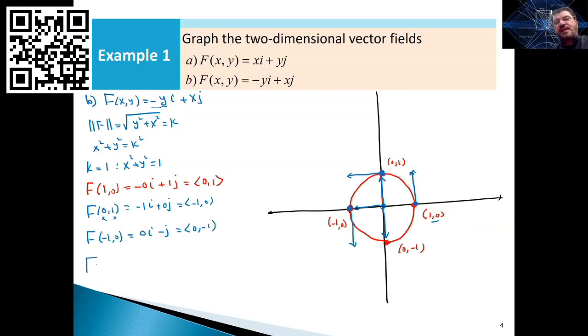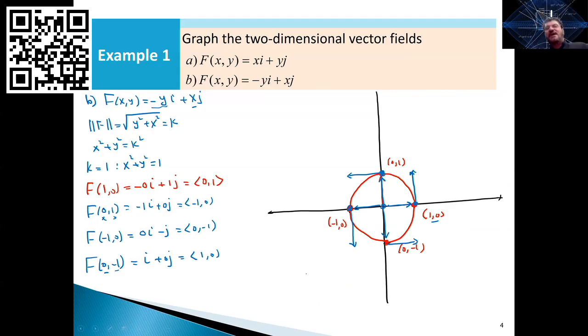So what's going to happen for the last one? f of (0, -1) is going to be 1i plus 0j, right? Because x is 0, it comes at the end, and y is -1, and there's already a minus, so it's 1, and this is (1, 0). Where is (1, 0)? This one is (1, 0). So at this point, I'm going to make a vector that goes this way.